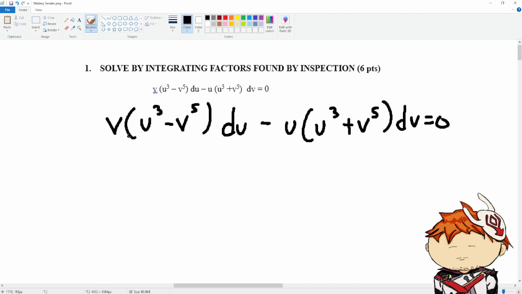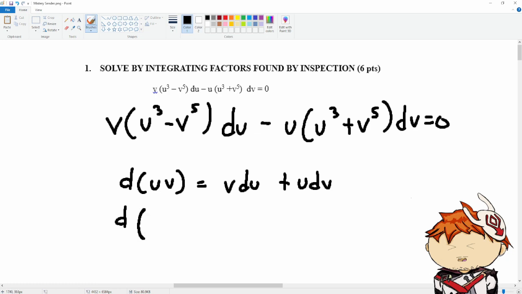It's very risky. Now that we know this is inspection, we're looking for the different forms. So I'm just going to write down what we need to look for. This is UV, so d(UV) equals VDU plus UDV.